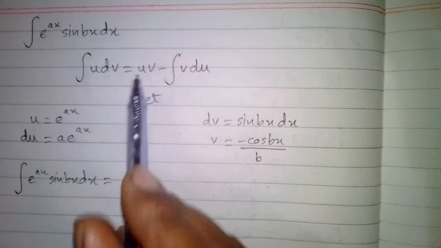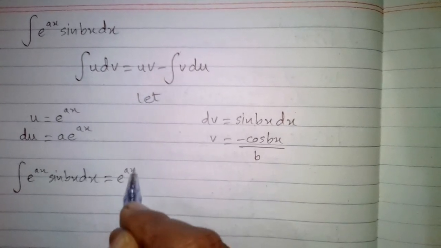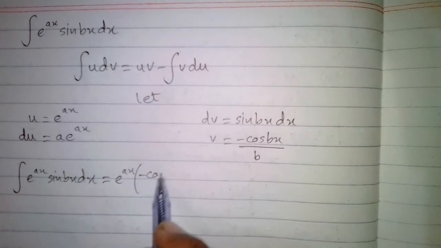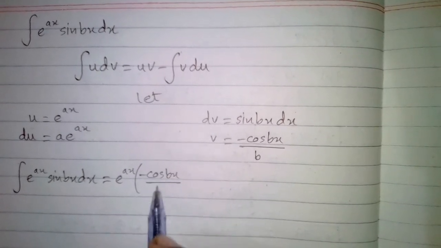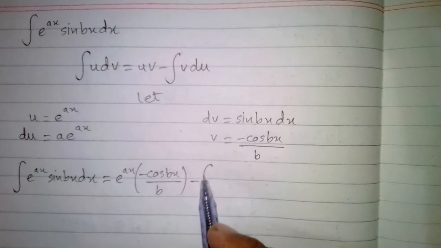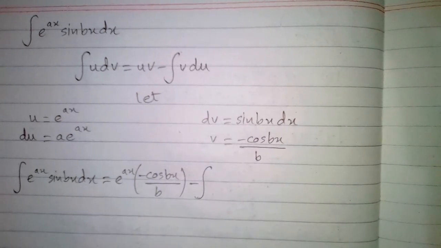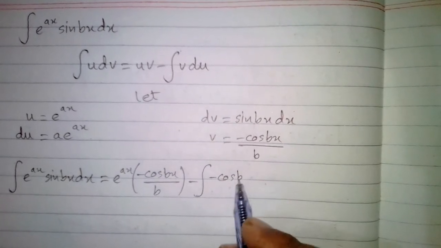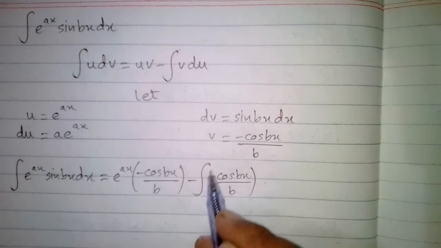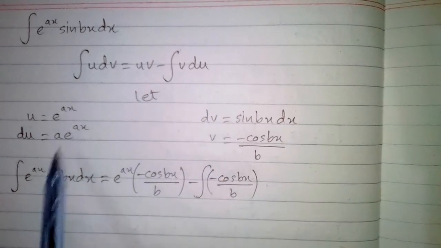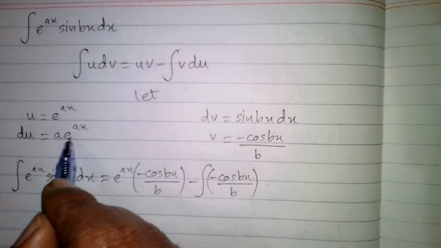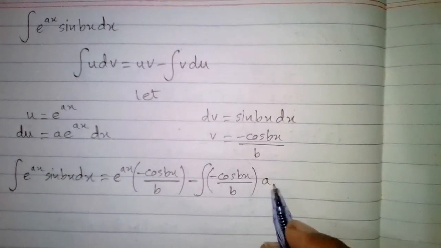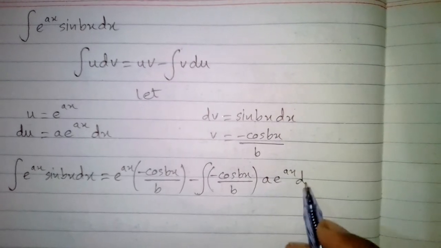And then we will put the value of u, which is e to the power ax, and the value of v, which is minus cos bx upon b, minus integral of v du. So the value of v is minus cos bx upon b, and the value of du is a times e to the power ax dx.